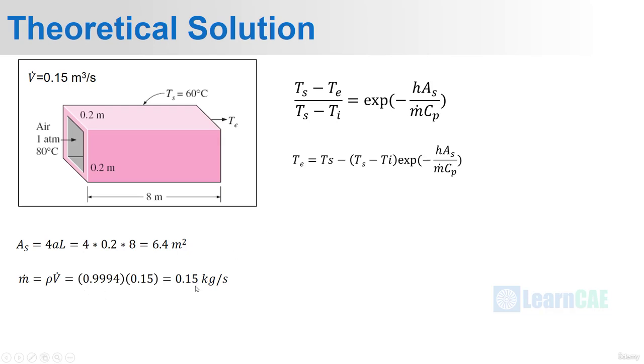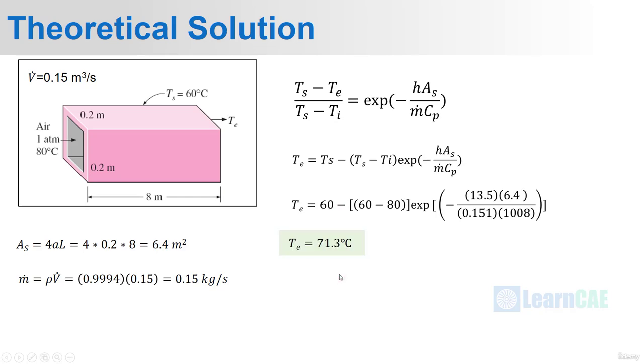The mass flow rate is approximately 0.15 kg per second. We shall substitute these values in this equation. Therefore Te will be given by this expression. Further solving, we get Te is equal to 71.3 degrees Celsius. Okay, if you note down here, the inlet temperature is 80 degrees Celsius, the exit temperature is 71.3 degrees Celsius, and the wall temperature is at 60 degrees Celsius.